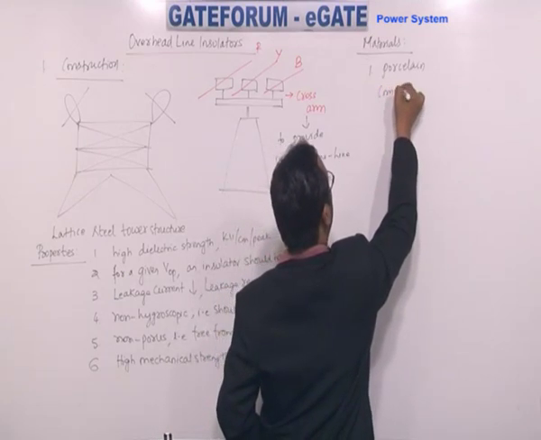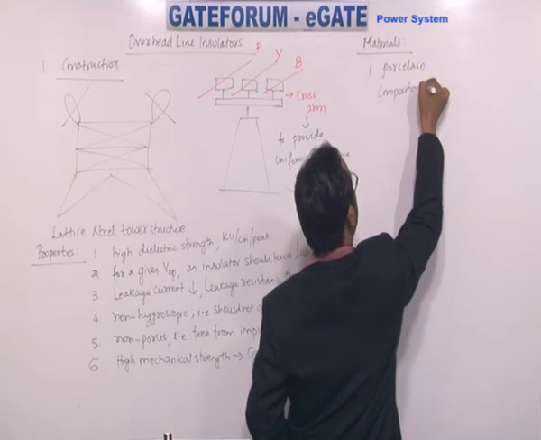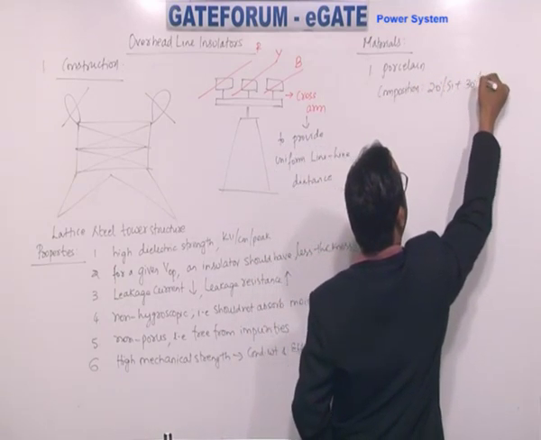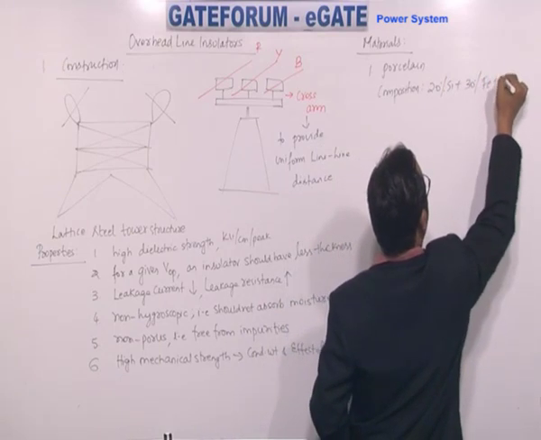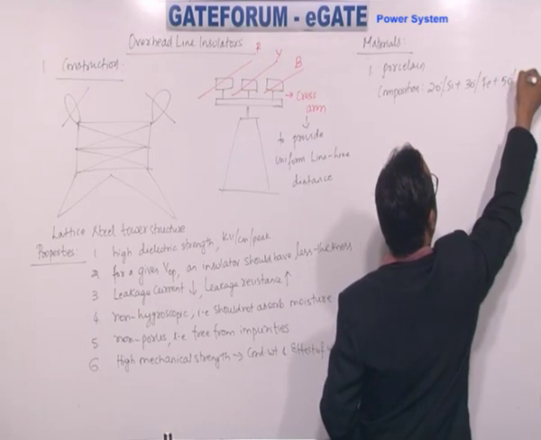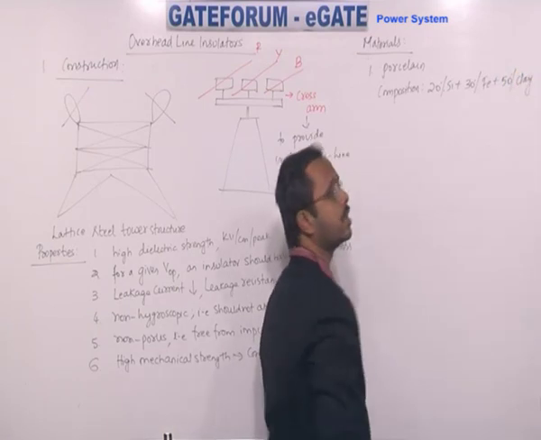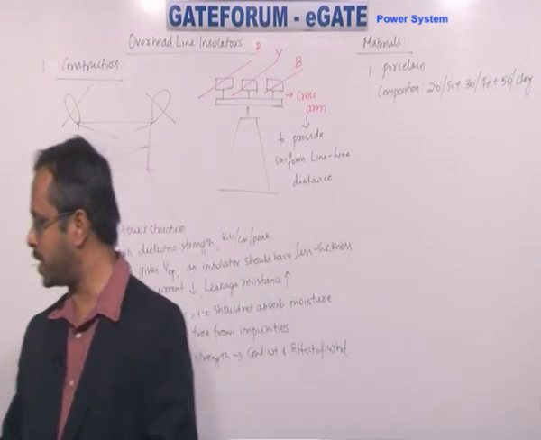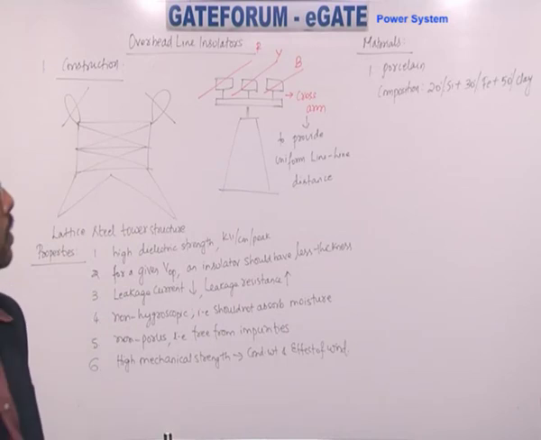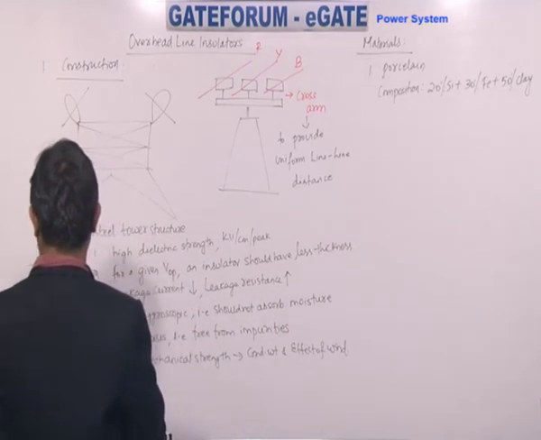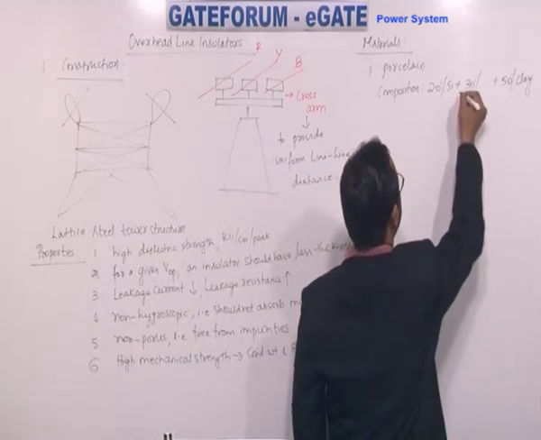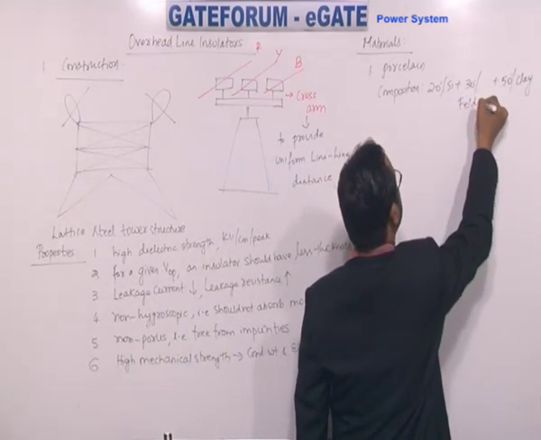It has three materials: 20% silica, 30% feldspar, that is iron alloy, and 50% clay. This is the composition of porcelain.